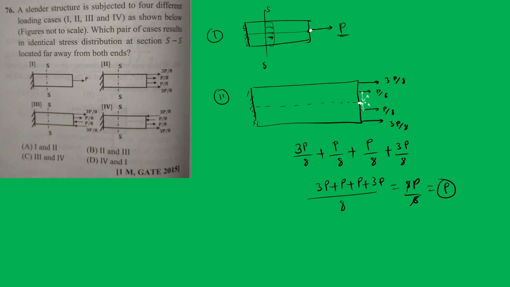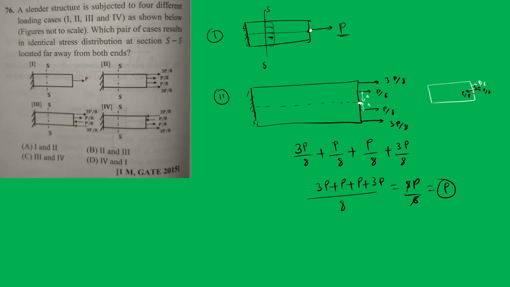If I apply a pseudo moment, so let's say my body is here, this is the neutral point, and there is P by 8. I bring this P by 8 to the neutral point, with P by 8 and P by 8 and some distance a between them.